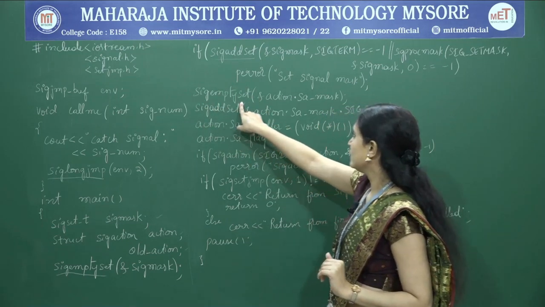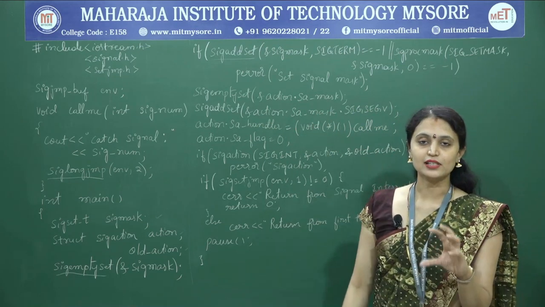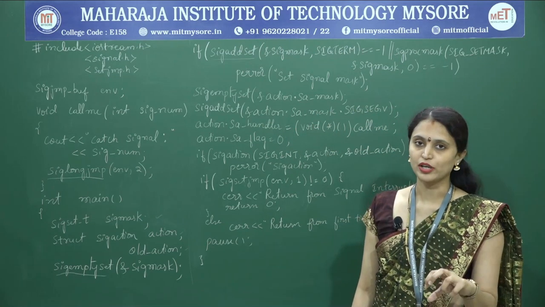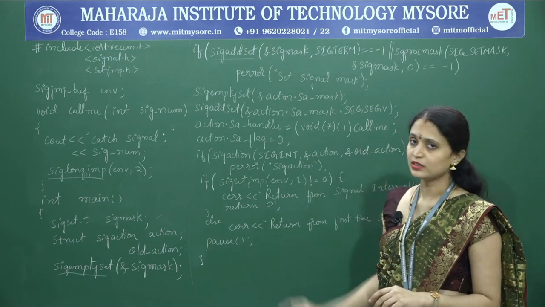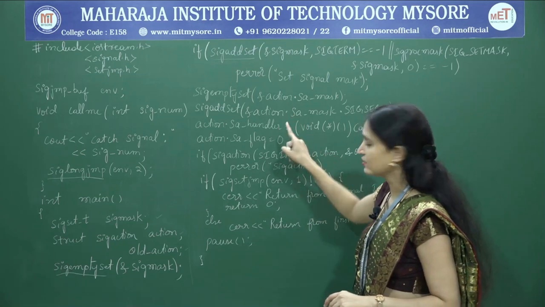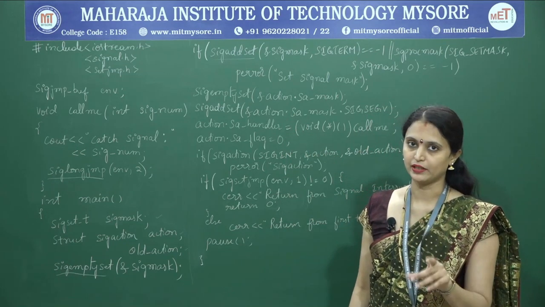So again we are clearing the sa_mask, the additional signal mask for the action variable. Again, we discussed this in the previous session when we were discussing the sigaction API.